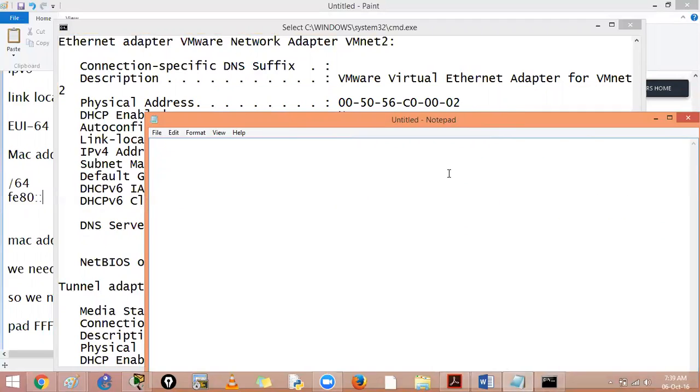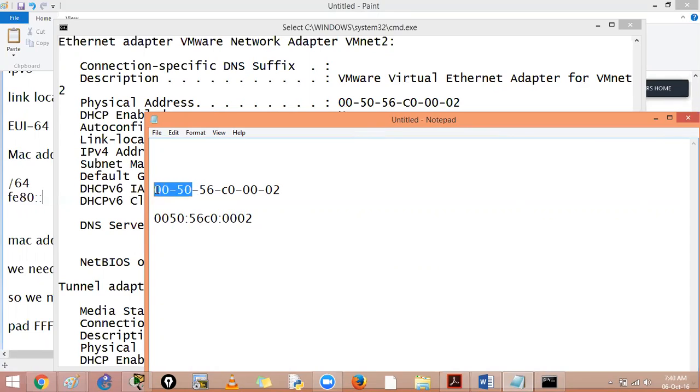What is the address? It is 00-50-50 hyphen 56 hyphen C0 hyphen 00 hyphen 02. This is your MAC address. First of all, what you will do is you will make it into four parts. Simple. 0050 colon 56C0 colon 0002. What did I do? I just added these two together because I want 16 digits and this is a hexadecimal value.